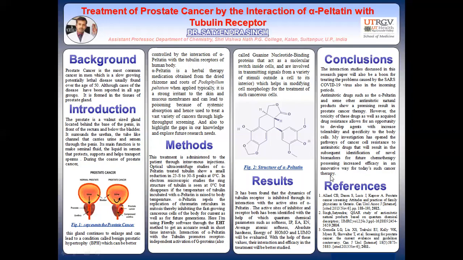In this way, I think alpha peltatin will be treated as a boon for the treatment of prostate cancer, which is the main cause of so many deaths, especially in men after the age of 50. Some references are also given, and my paper is also attached here for reference.